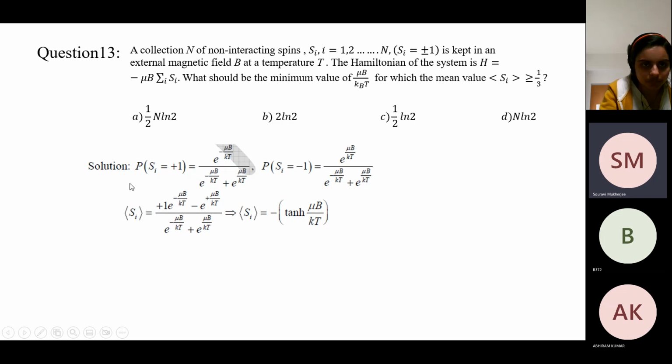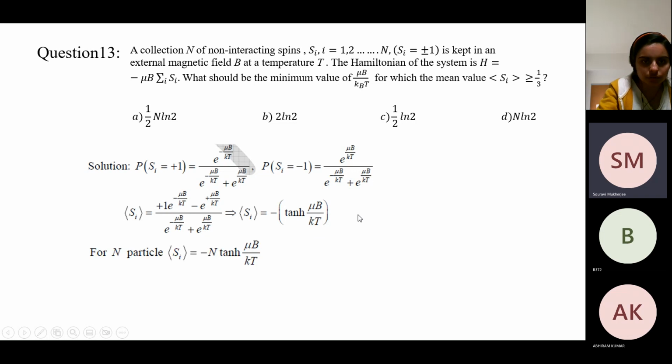It should be S1, that is +1, into P of +1, plus -1 into P of -1. Okay. So this is what they have done here, and that gives you the mean value of spin. What is asked here is the value of mu B by kT for which this is greater than or equal to one third.